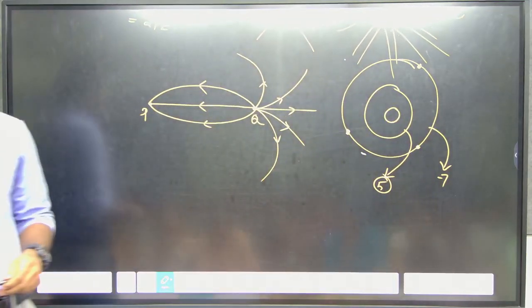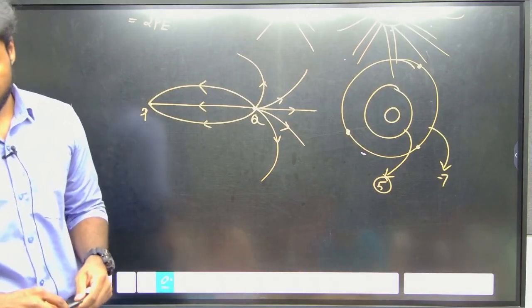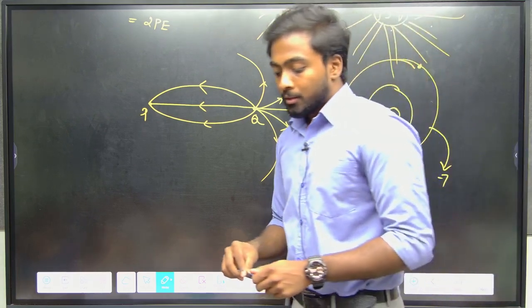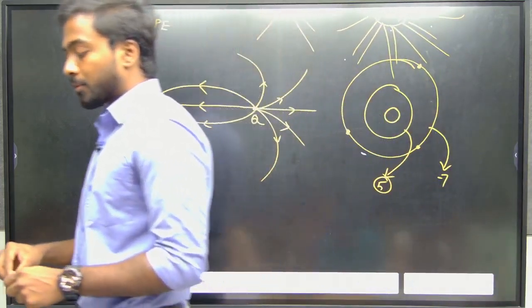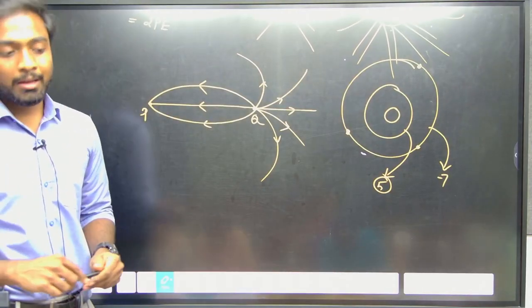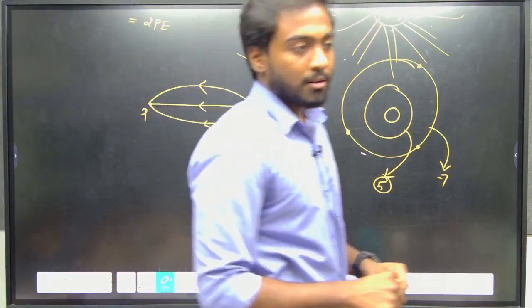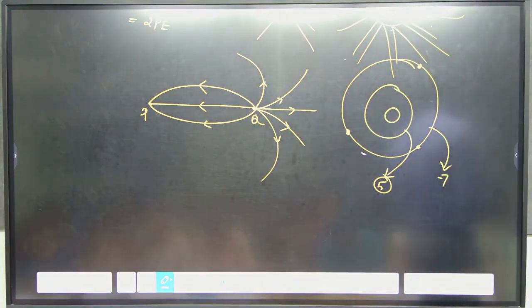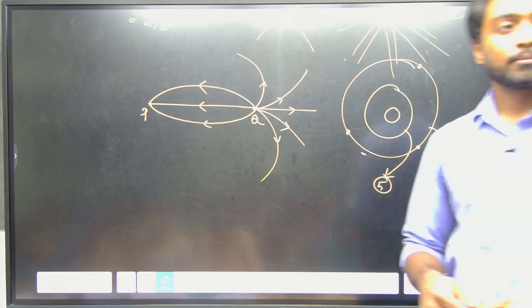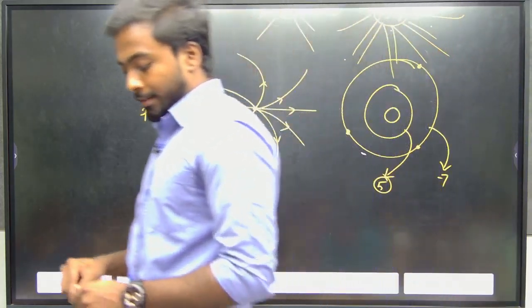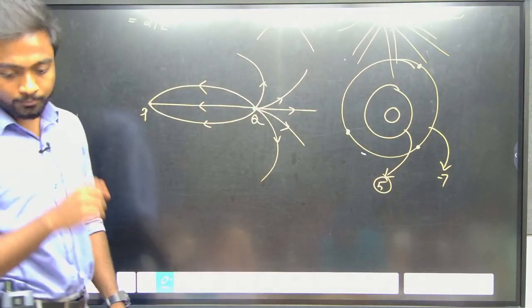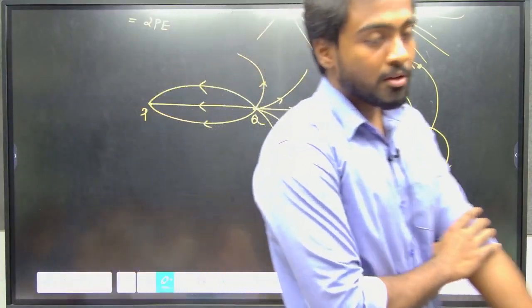For example, next point, the surface of a charged conductor is an equipotential surface. Okay, so this is the thing.